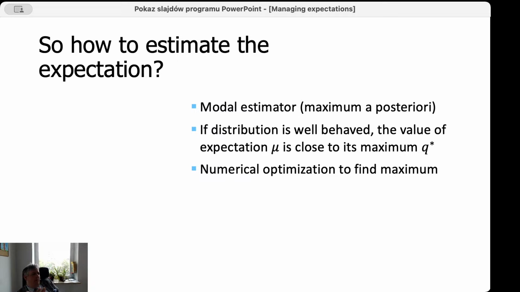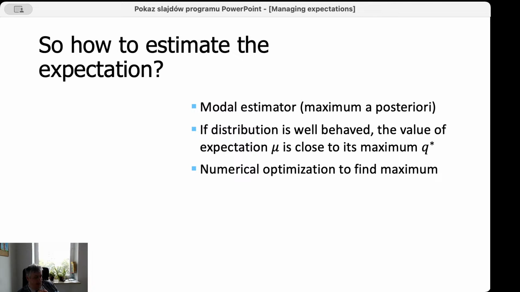One of the main ideas popularized in classical statistics is model estimators. Model estimators generally say we compute the maximum of the posterior distribution, so we find the point that is the highest in this function. Then, we can observe that if the function is reasonably well behaved, the value of the expectation is close to that maximum.